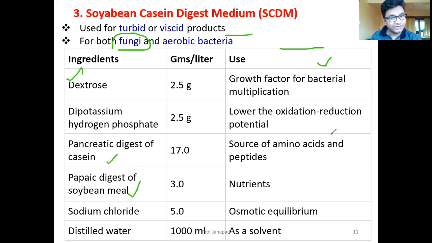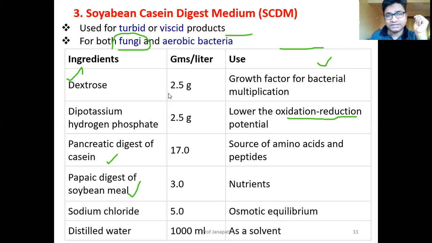Dipotassium hydrogen phosphate is for oxidative reduction; the previous medium had cysteine, but here they are using dipotassium hydrogen phosphate. What is the use of soybean casein? It is used to test fungi and the preparations which are turbid and viscous. So this is about the medium preparation.